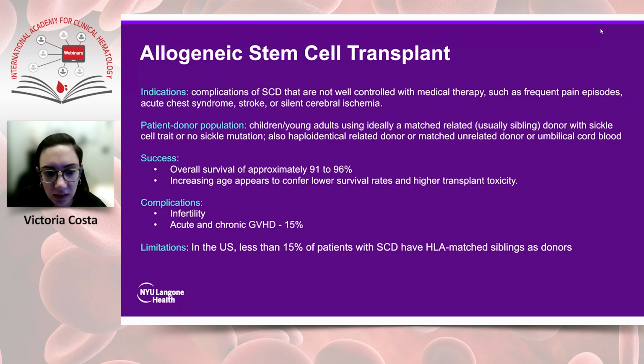It is more ideal in the young, and increasing age can lead to lower survival rates and higher toxicity. And the complications, due to the regimens involved, can lead to infertility and acute and chronic graft versus host disease. The main limiting factor is the availability of patients with matched siblings as donors.